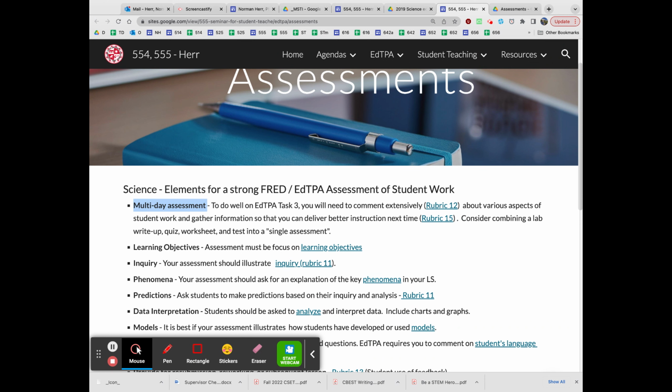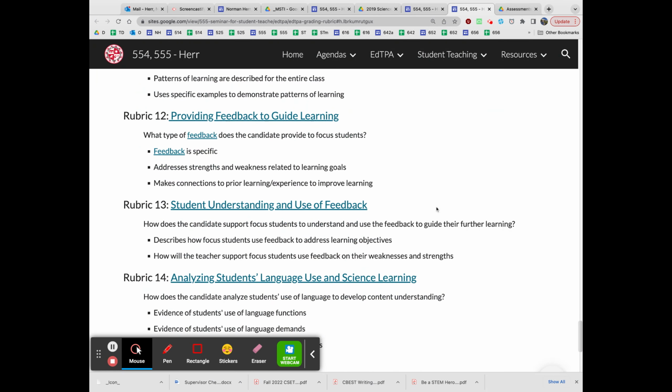of the rubrics effectively. So you'll notice that if I look at Rubric 12, this is how the EdTPA is graded. It's going to look here and say that you're going to have to provide feedback to guide the learning. So the question is, what kind of feedback does the candidate have to provide to the focus students? Remember that there are 3 focus students that you select representing different subpopulations in your class.